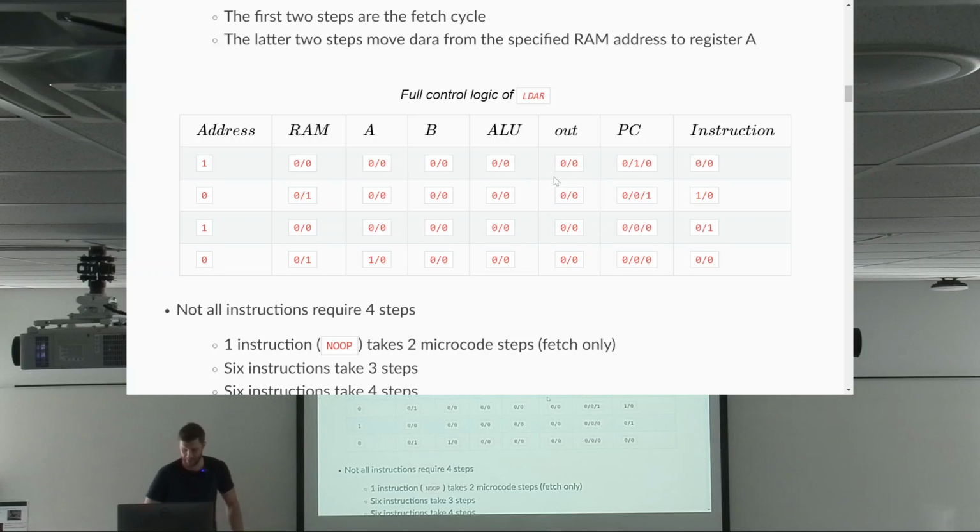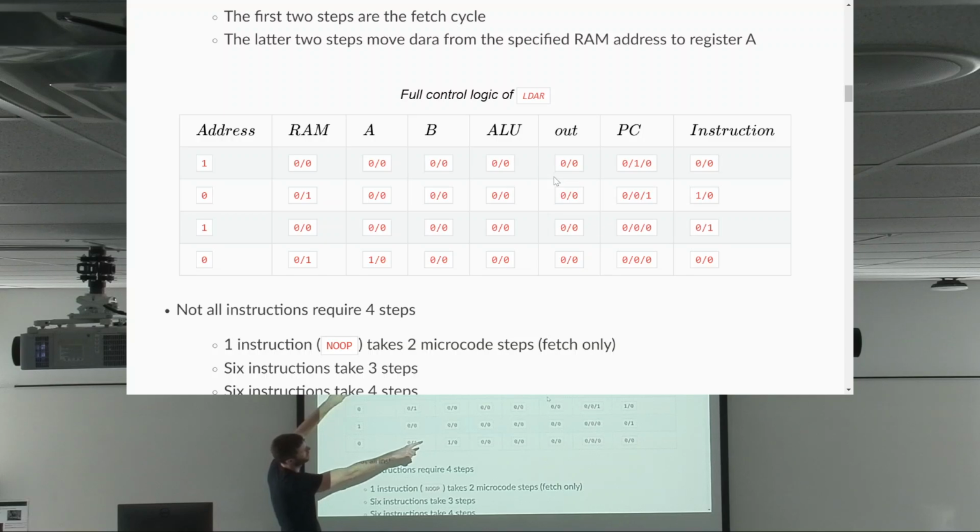So what are the steps? Address in, program counter out, RAM out, program counter enable, and instruction in. That's fetch. And then address in, instruction out, RAM out, A in.